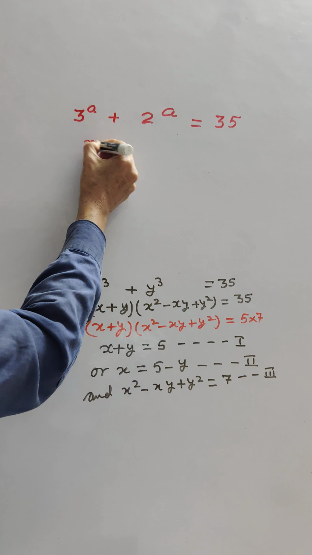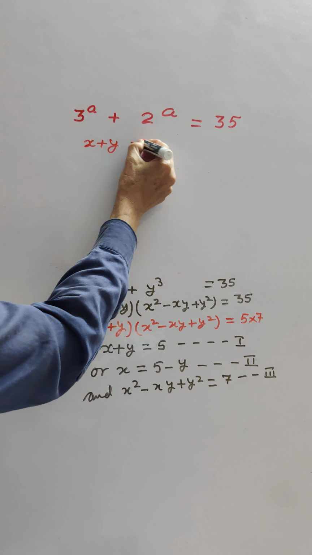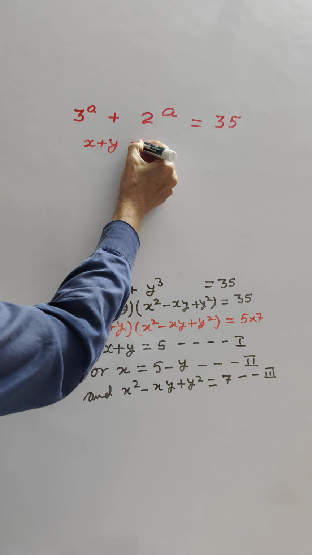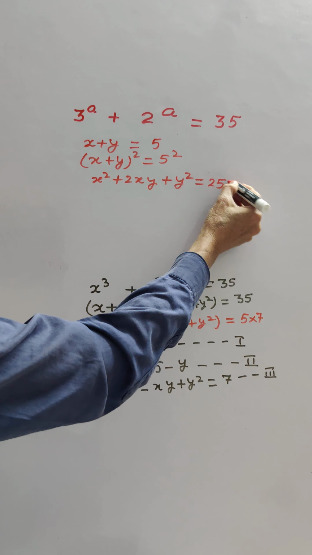x plus y is equal to 5, squaring both the sides. So this will become (x plus y) whole square is equal to 5 square, or this will become x square plus 2xy, यहाँ पर हम आइडेंटिटी का यूज़ करते हैं, plus y square is equal to 25.